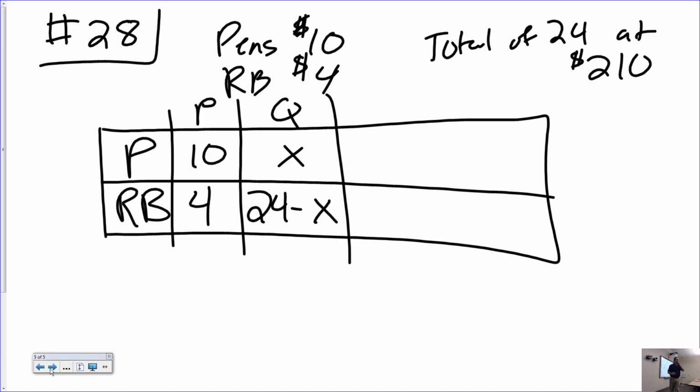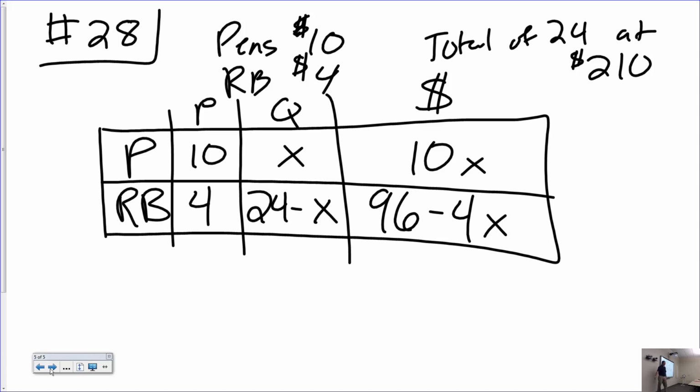Why would it be minus? Well, if there were 10 cartons of pens, how many rubber bands? As soon as you figure it out, you'd be like, oh yes. That's right. So what are my dollars? 10x and 96 minus 4x.